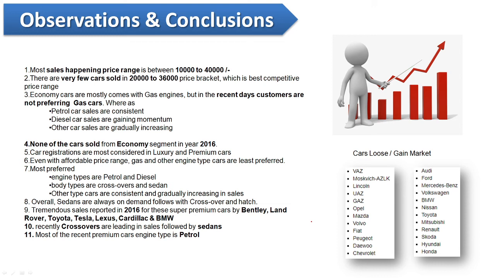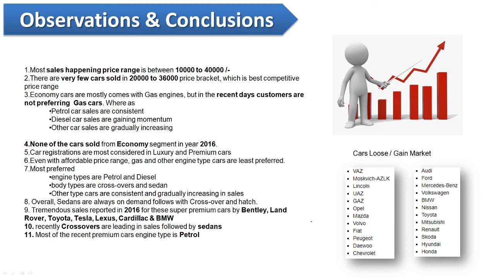The economy cars mostly come with gas engines, but recently customers are not preferring gas cars, whereas petrol cars are more consistent in terms of sales, diesel cars are gaining momentum, and the other cars are gradually increasing.